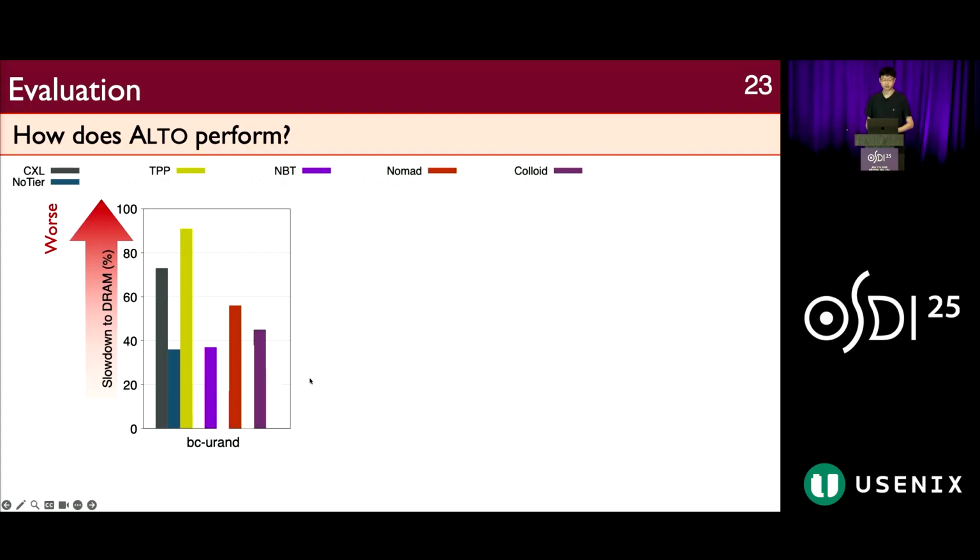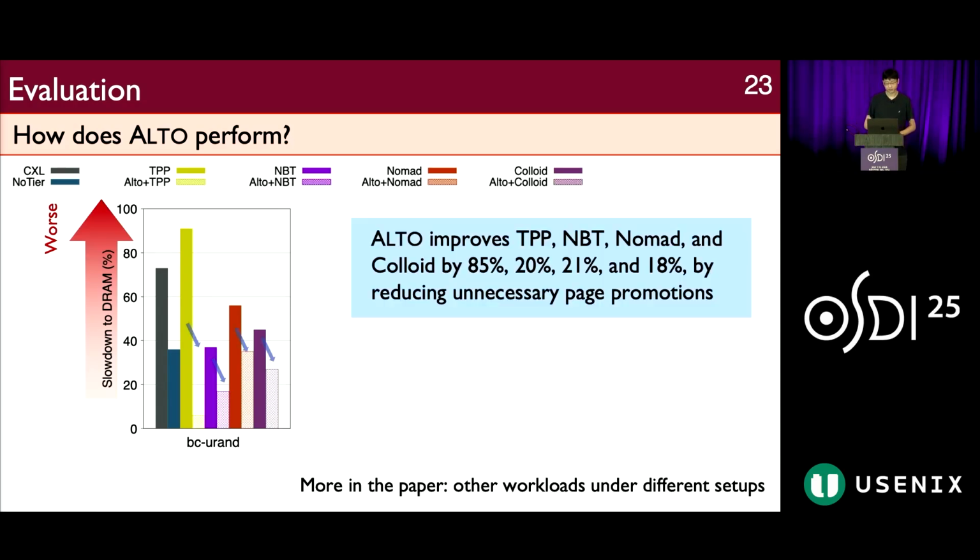The state-of-the-art tiering systems like TPP, NBT, Nomad, and Colloid deliver worse performance than no tier. As you can see, after integrating ALTO into the state-of-the-art baselines, it automates TPP, NBT, Nomad, and Colloid by reducing the unnecessary page promotion and achieves 85%, 20%, 25%, and 18% performance improvements, respectively.